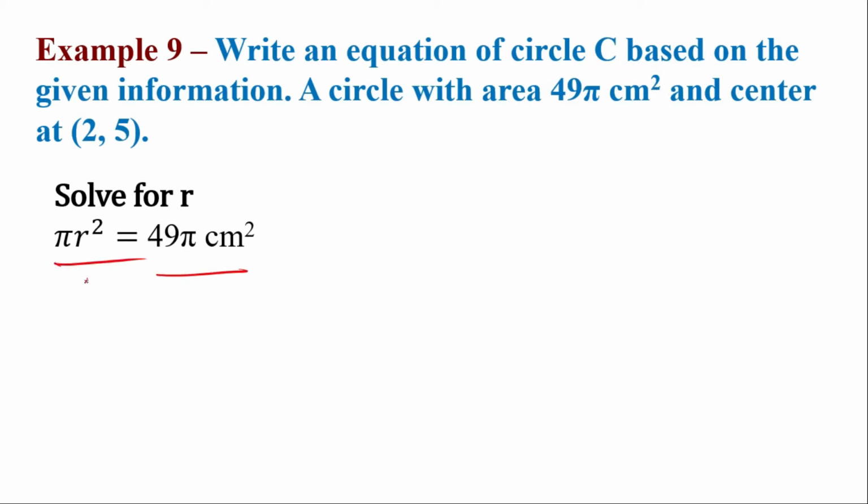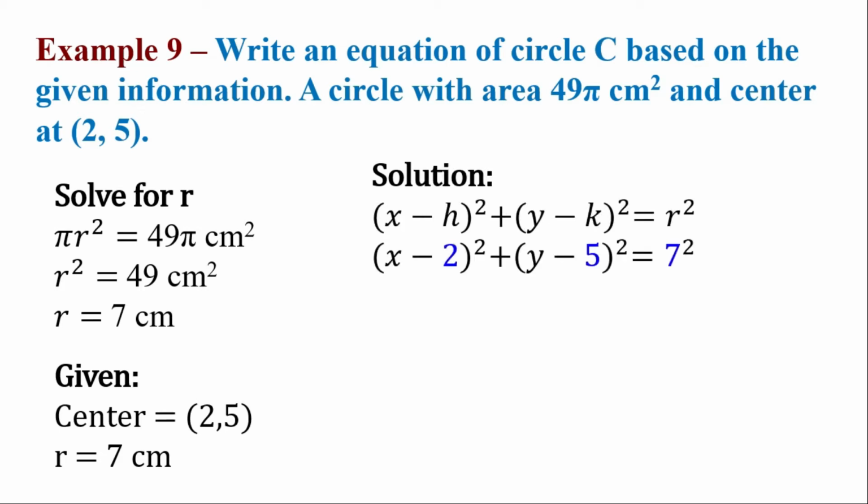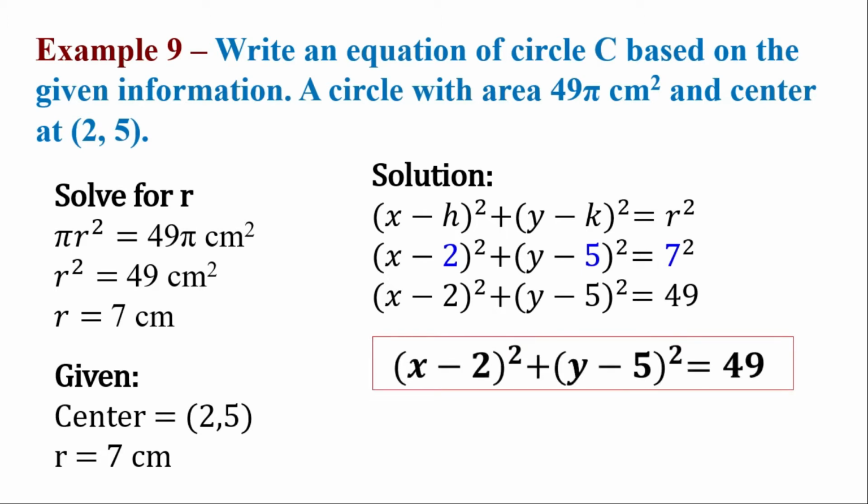Now let's divide both sides by pi, and that gives us r squared equal to 49 square centimeters. Let's get the square root of both sides. So our radius is 7 centimeters. Now we have the center and the radius. All we need to do is to substitute the values that we have, simplify it further, and now we have our equation of the circle.